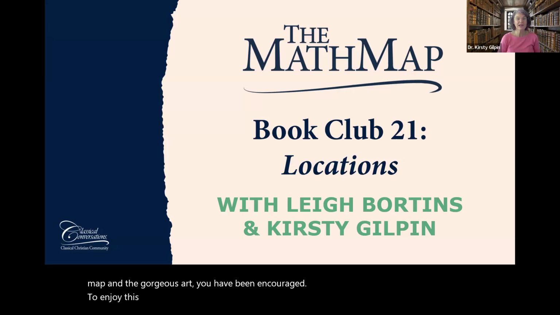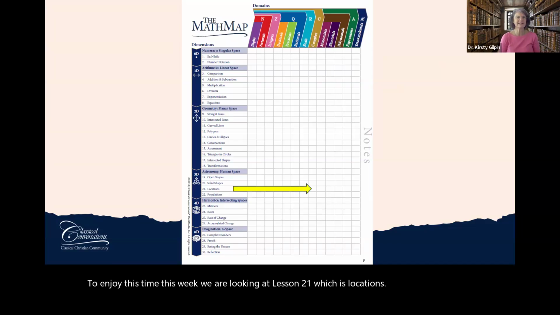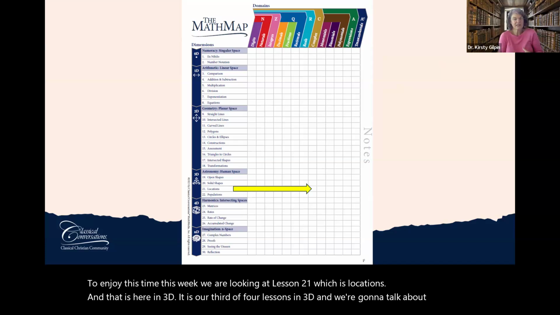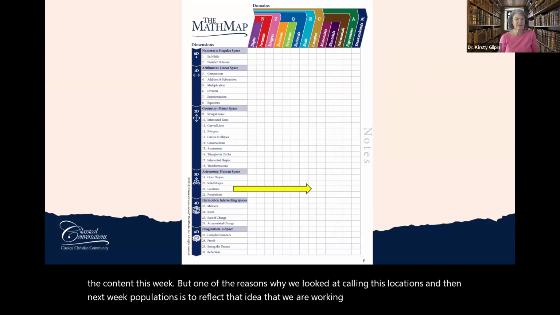So this week we are looking at lesson 21, which is locations. And that is here in 3D. It is our third of 4 lessons in 3D. One of the reasons why we looked at calling this locations and then next week populations is to reflect that idea that we are working our way through human space.